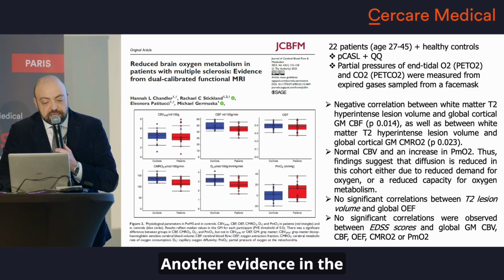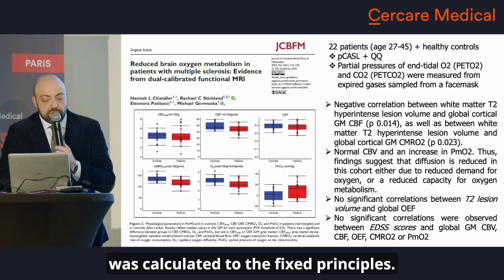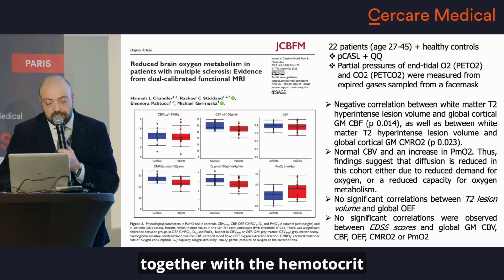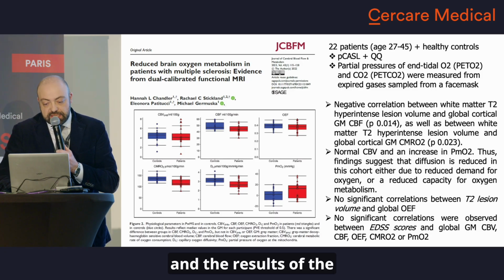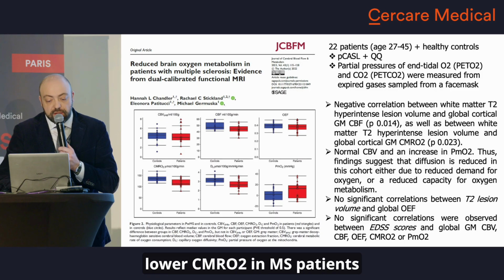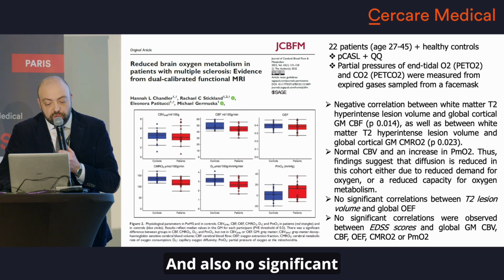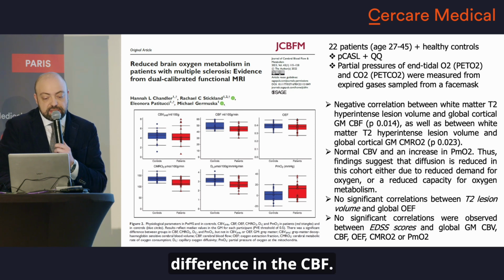Another piece of evidence in the literature is one in which the CMRO2 was calculated with the Fick principle, so measuring the CBF together with the hematocrit. And the results of the study, as you can see, show significantly lower CMRO2 in MS patients compared to healthy controls, and also no significant difference in CBF.